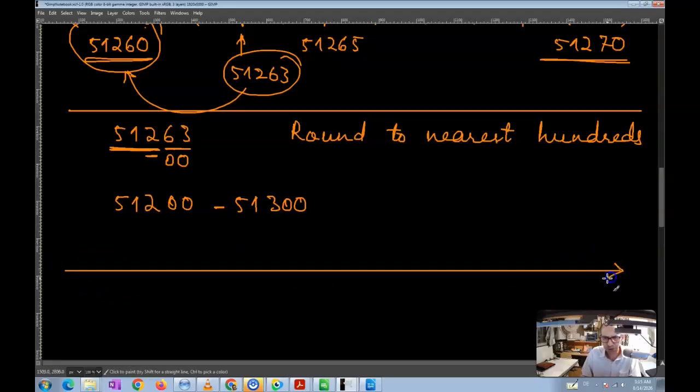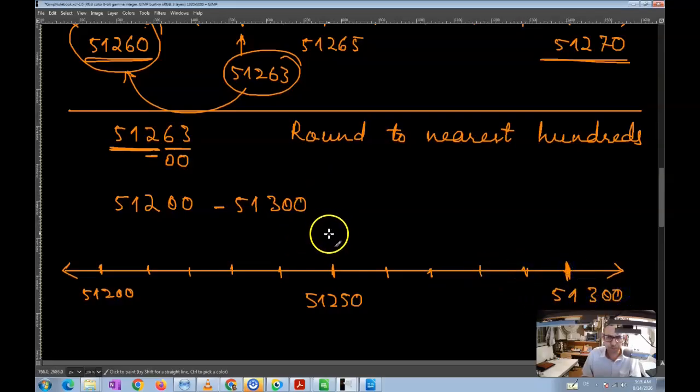So if I go to the number line, and I say that this is 51,200, and this is 210, 20, 30, 40, and 50, so this is 51,250, 60, 70, 80, 90, and this is 51,300, right? And the actual number that we have over here is 51,263.